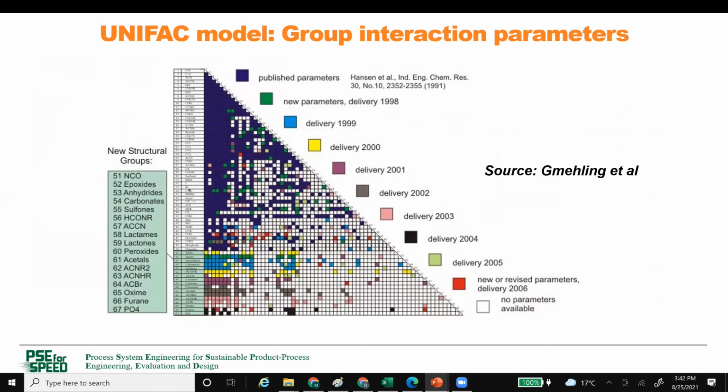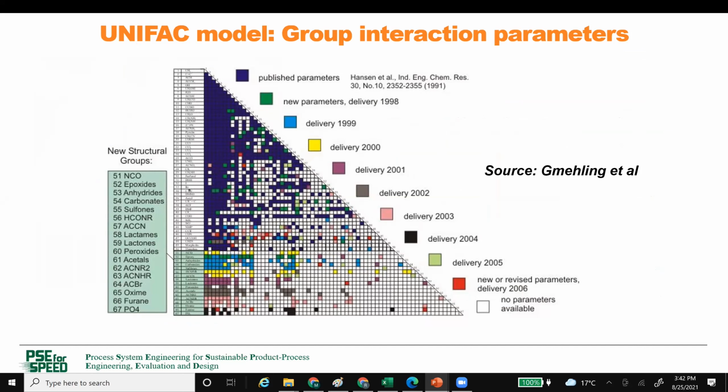Not all the groups are shown here. About 200 of the groups or less than that are shown here. And the white blocks that you see are where groups are not available. That means the interaction parameters are not available.